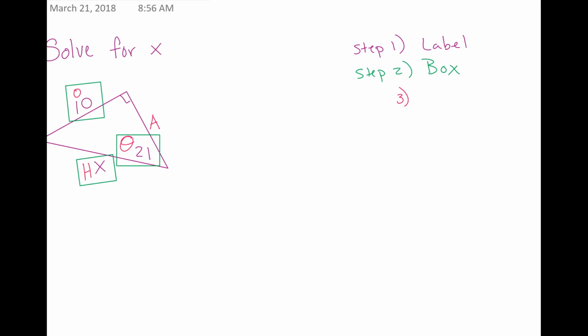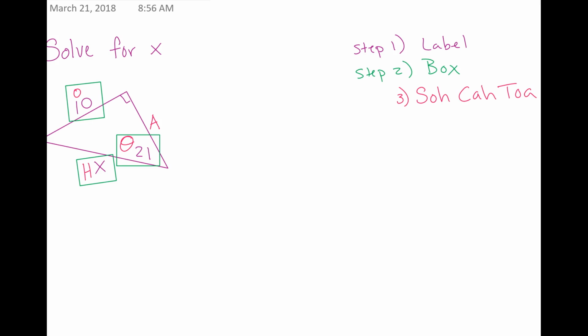What do I look at? What acronym do I look at? SOHCAHTOA. And I look at which labels I boxed. So which labels were boxed?